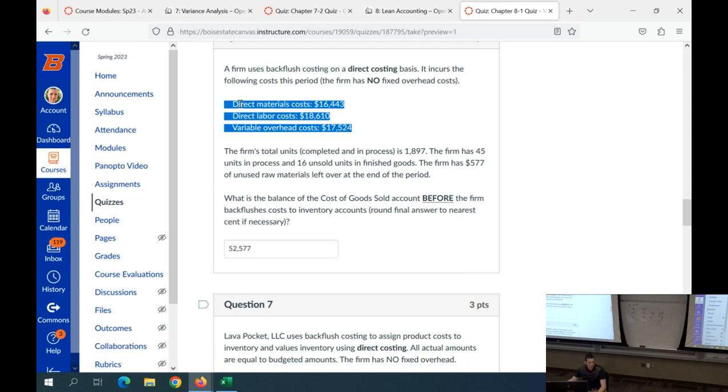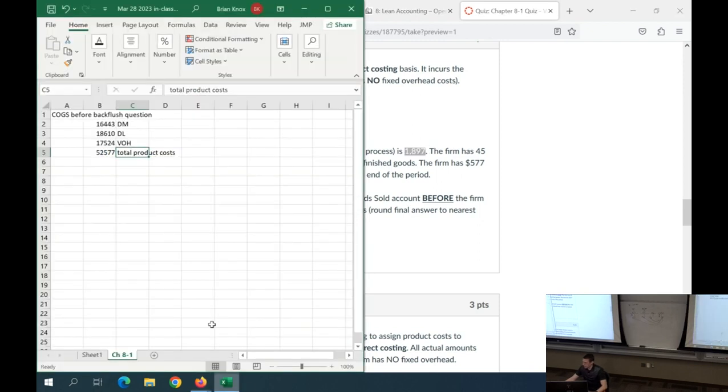That's it. No total equivalent units in the denominator. No question of whether to include prior period costs or this period costs. Is it FIFO or not in the numerator? Nope. We just have our total product costs, whatever is considered product costs. We're using direct costing, so all three of these are considered product costs. Let's figure out what that is.